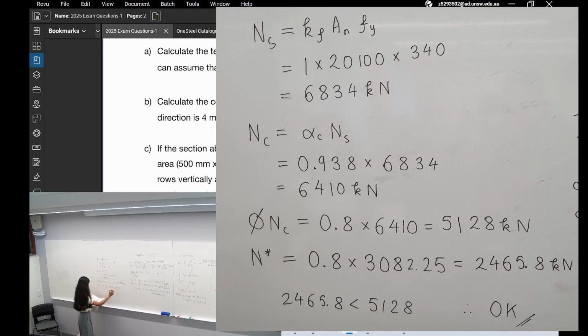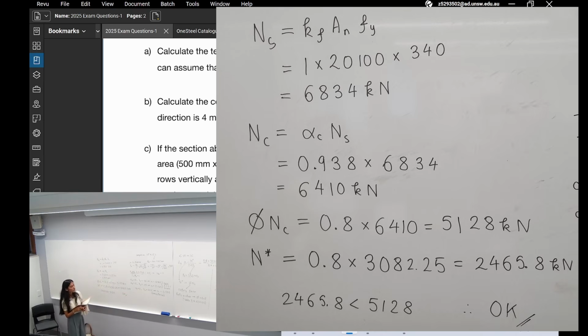So that gives you 2,465.8 kilonewtons on your left-hand side. So if you go back to the criteria, compare these two, obviously 2,000 is smaller than 5,000. Therefore, the criteria is satisfied and this section is okay.